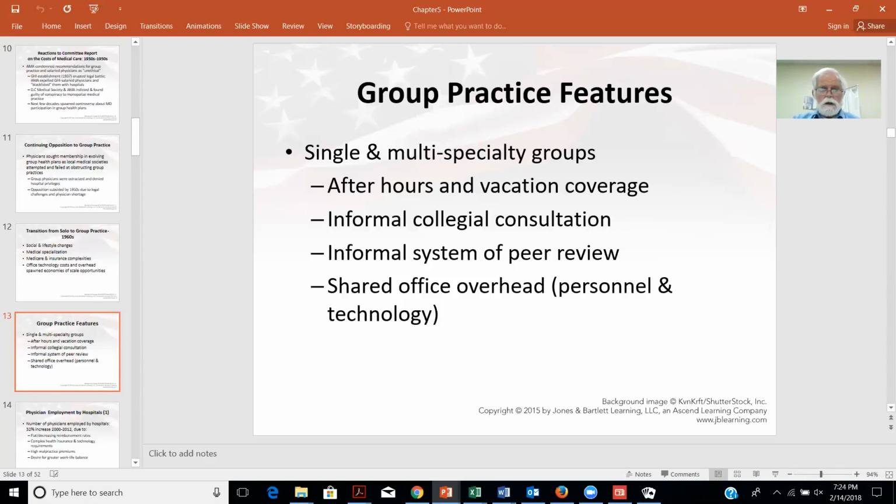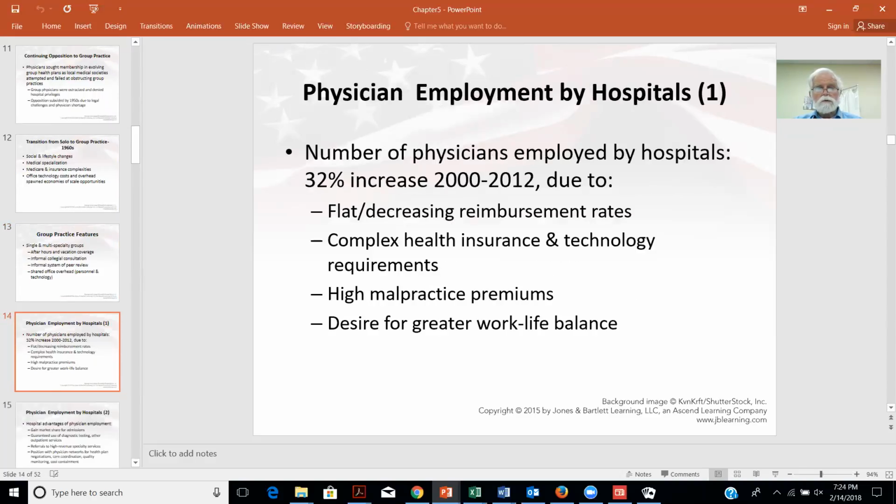That allows them a lot of freedom because they can generally get coverage if they need to go on vacation or if they have a family emergency. They can also reduce the number of support personnel required per person because they share all of those.